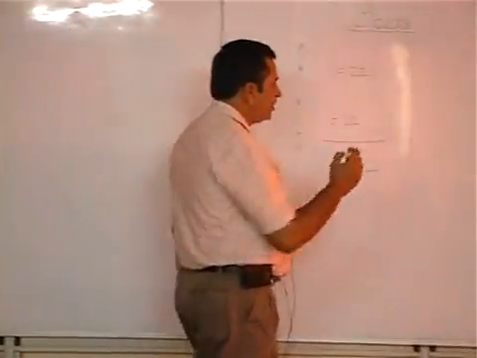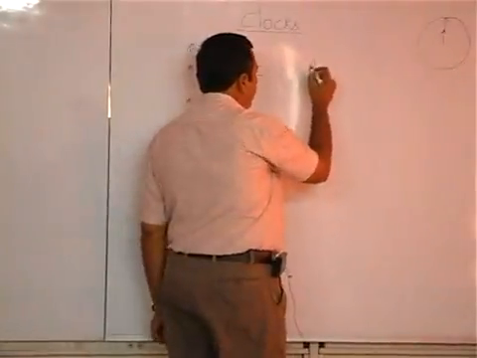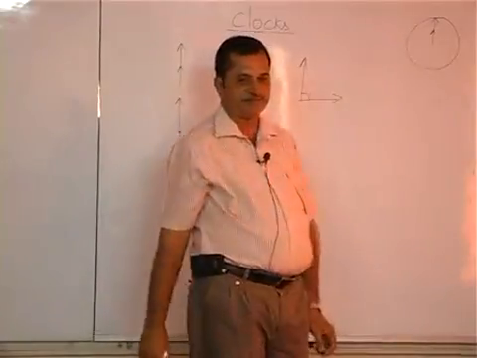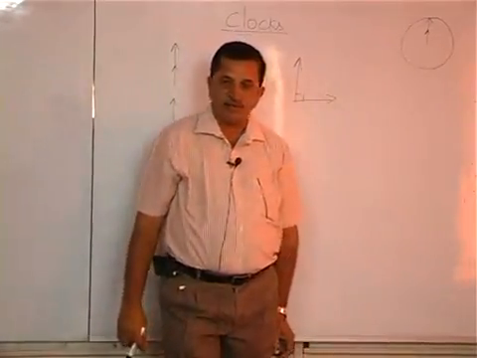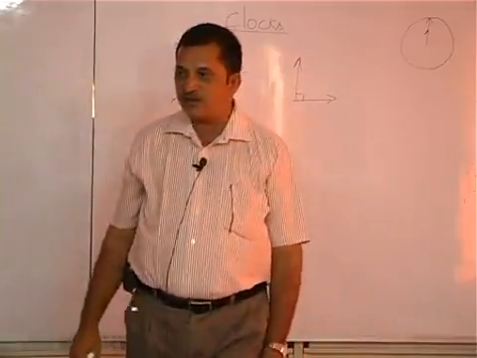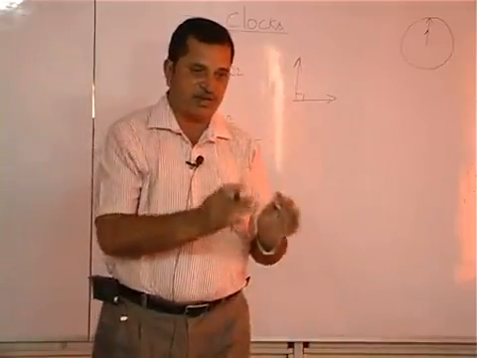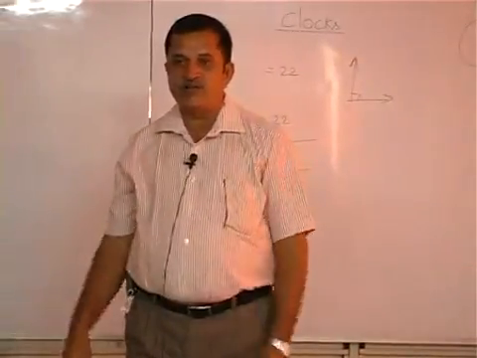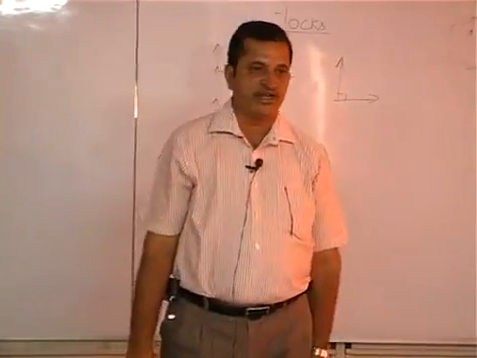Now you tell me, how many right angles will be formed in 1 hour? 2. In the first half an hour, 1 right angle will be formed. In the second half an hour, 1 right angle will be formed. 2 right angles.